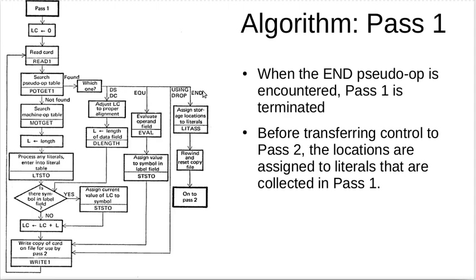Before transferring control to pass 2, locations are assigned to the literals that were collected in pass 1. Whichever literals we have encountered during pass 1, we assign locations to them before everything is processed in the second pass.